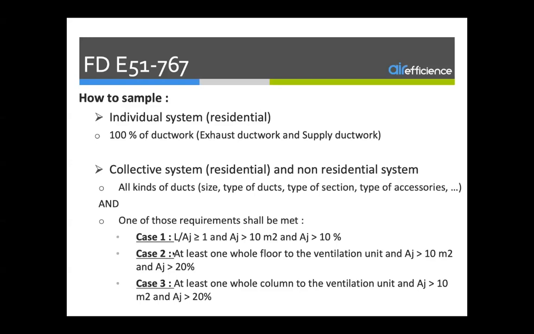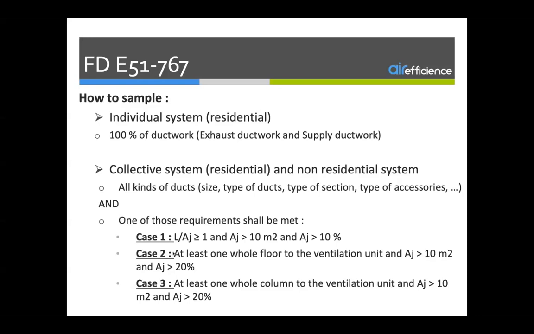Case 1, the ratio L AG higher than 1, and the ductwork surface area tested higher than 10 square meter, and AG, the surface area higher than 10% of the total surface area of the system.